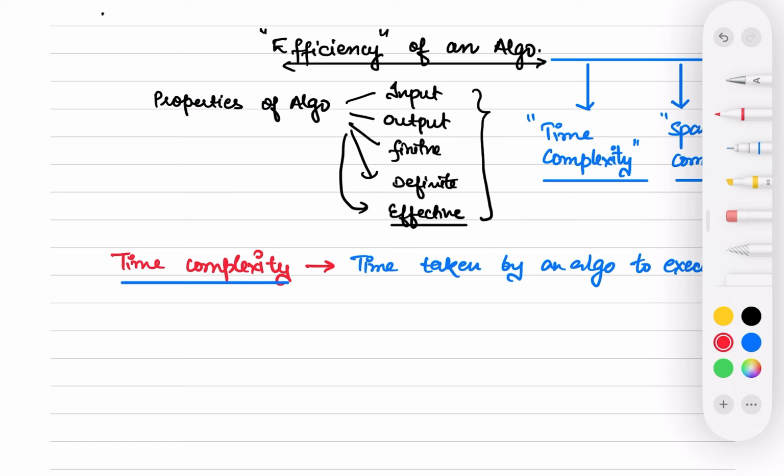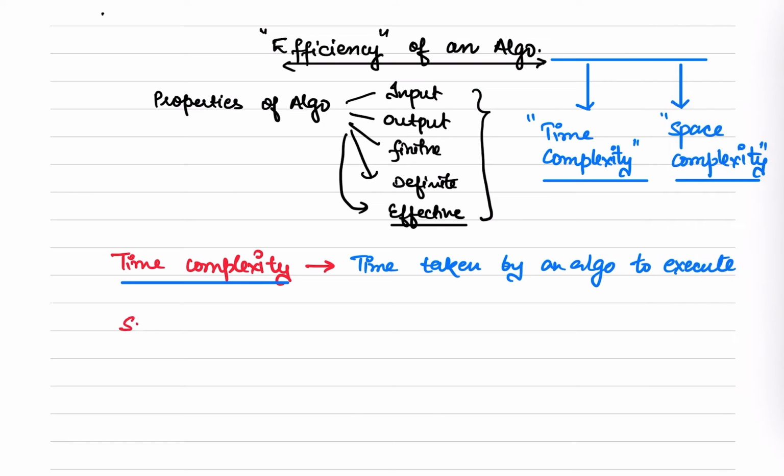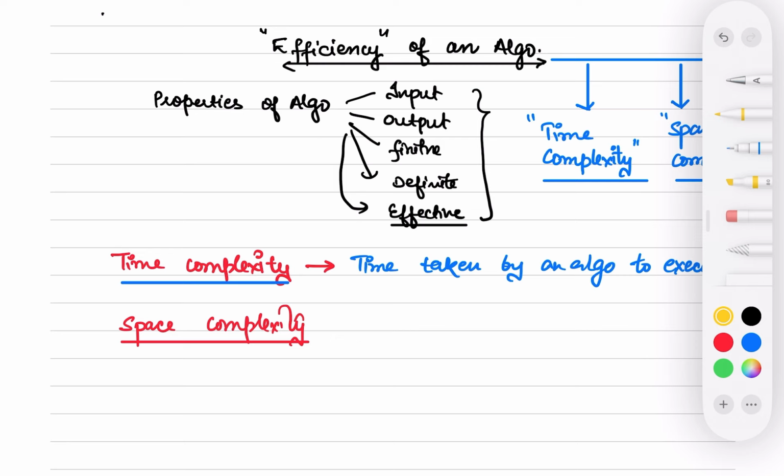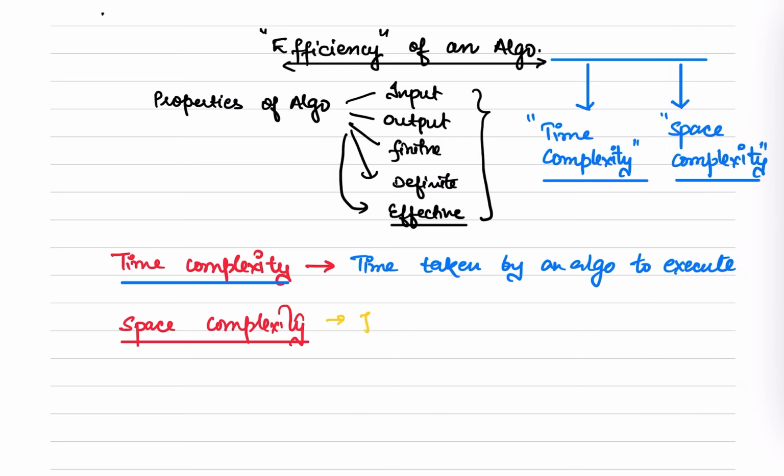Whereas what is space complexity? Space complexity is nothing but the amount of space needed for an algorithm to execute.